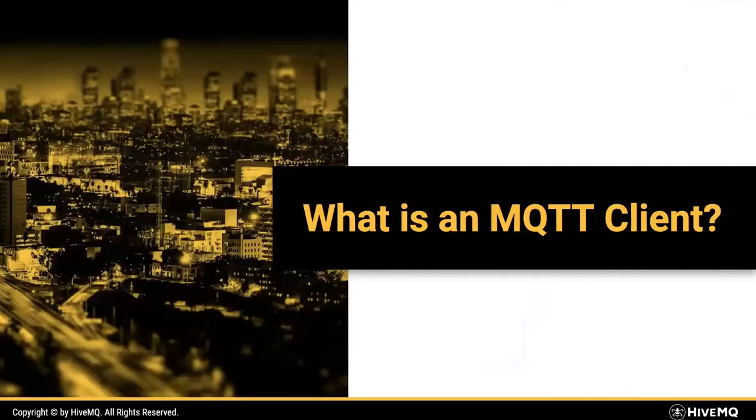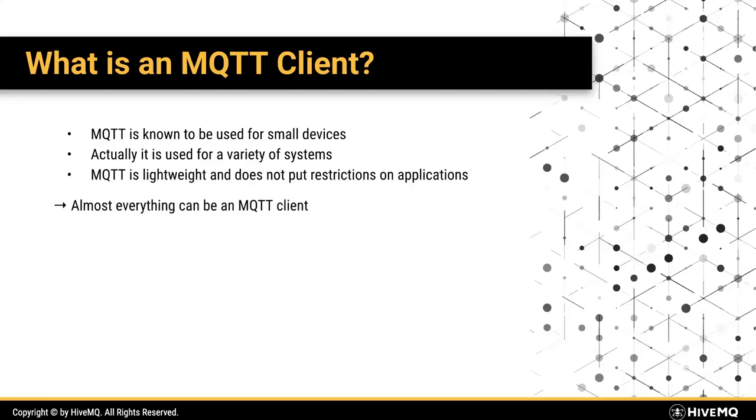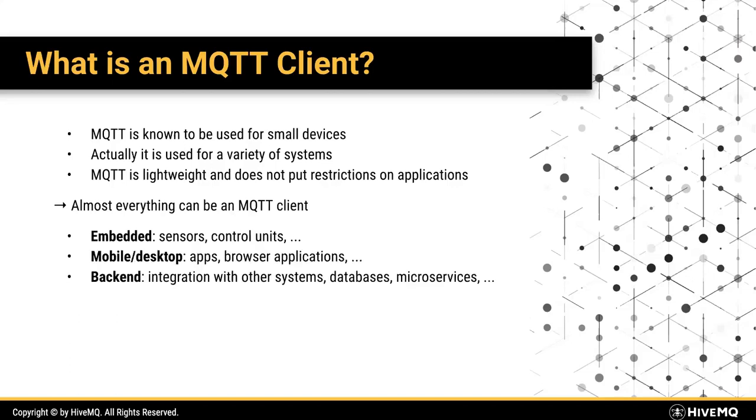Okay, what is an MQTT client? That's actually a good question, because we often think that MQTT clients are just sensors or small devices, but an MQTT client can really be a lot of things, and it is actually used for a variety of systems. So we will talk about enterprise use cases.